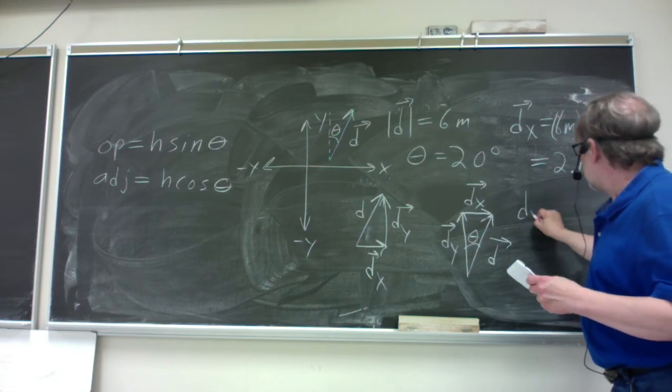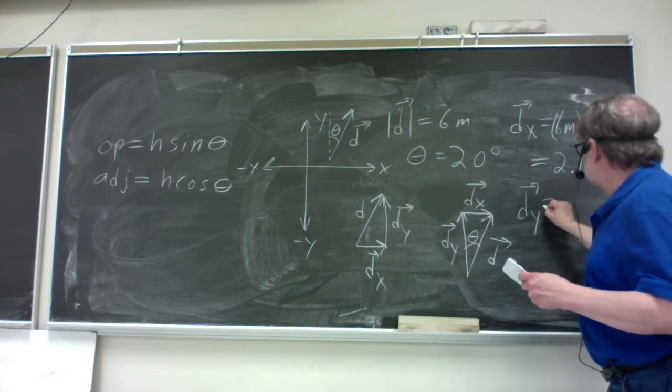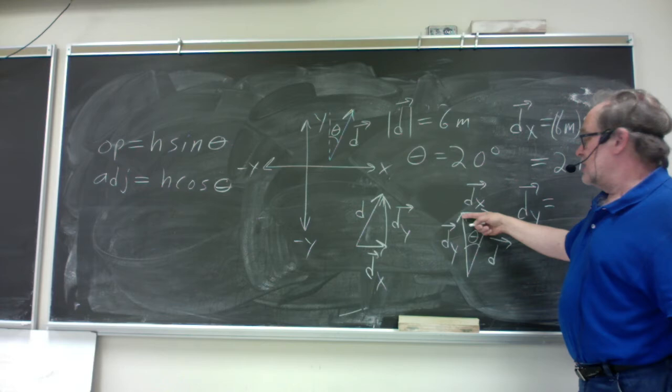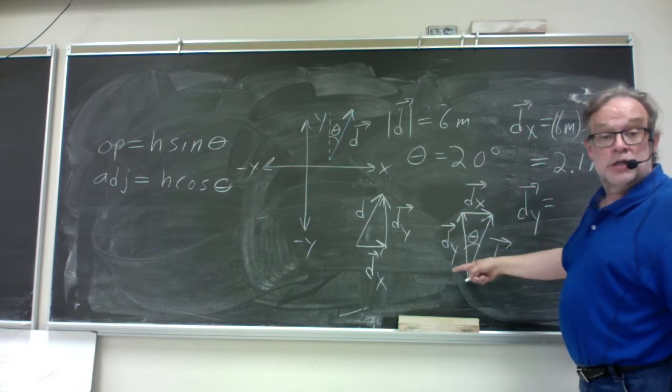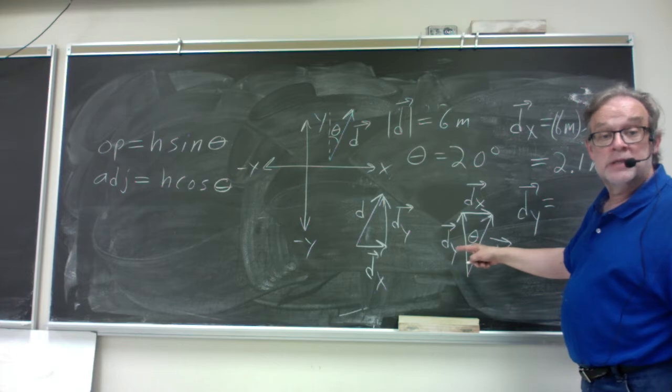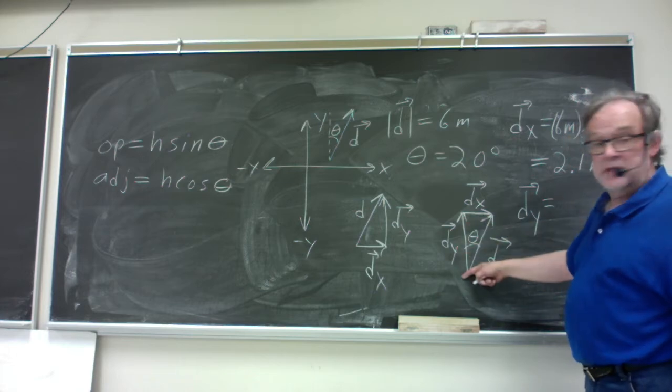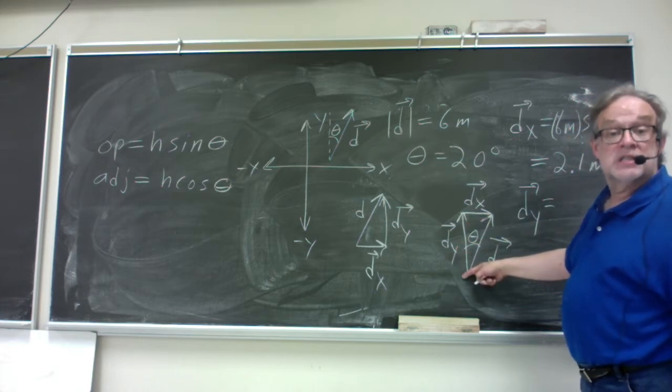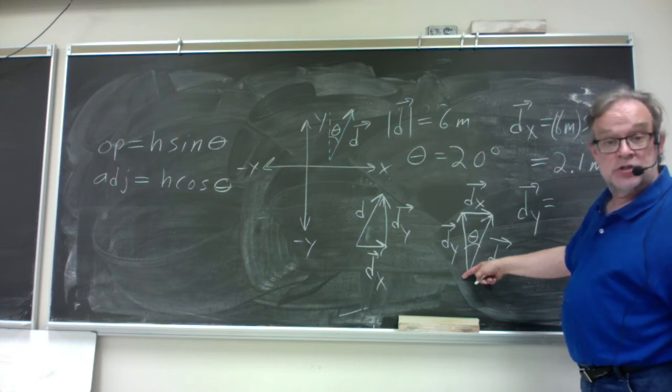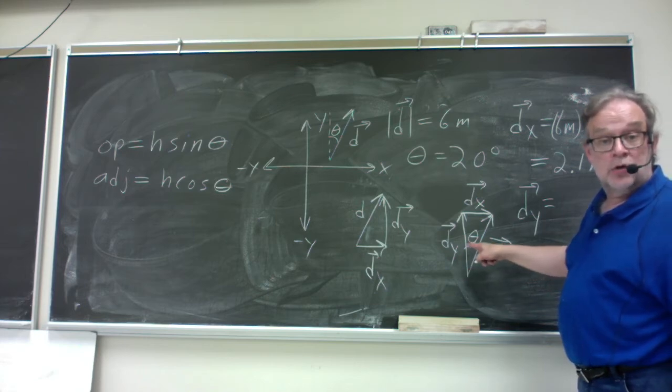And then dy is this side here, and dy is pointing in the positive y direction, so the numerical value of dy will be the same as the length of this side, which is the side that's adjacent to the angle.